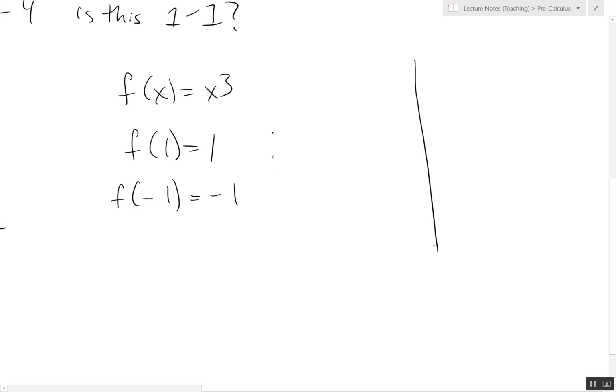And if we look at the graph of x cubed, let's try it again. It doesn't matter which value of y we pick, there's always exactly one corresponding x value. So this function is one-to-one.